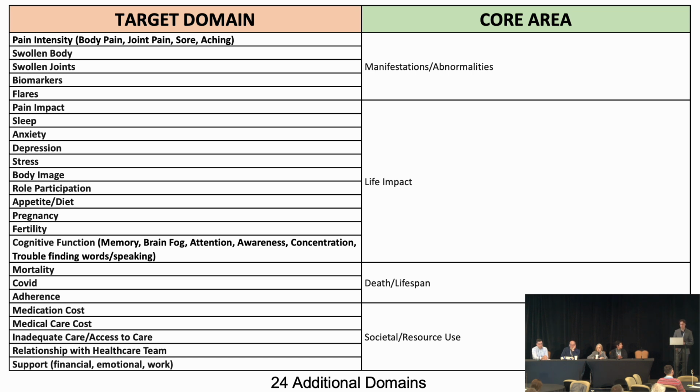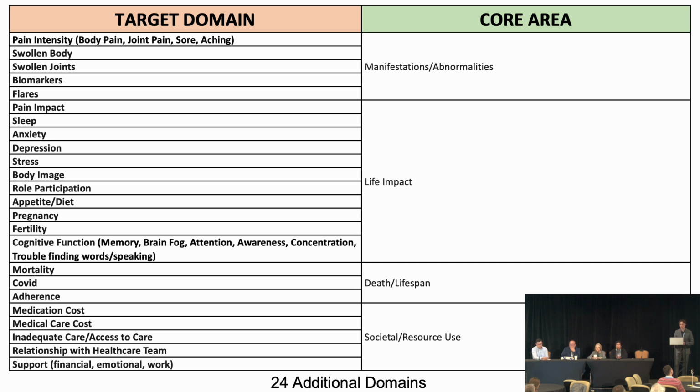Starting with the scoping literature review, here we had 24 additional domains. Looking at the manifestations core area, we had pain intensity, swollen body, swollen joints, biomarkers, and flares. There were many life impact domains, which are pain impact, sleep, anxiety, depression, stress, body image, role participation, appetite and diet, pregnancy, fertility, and cognitive function.